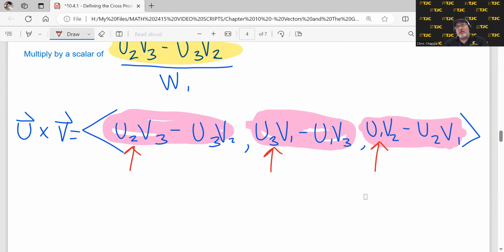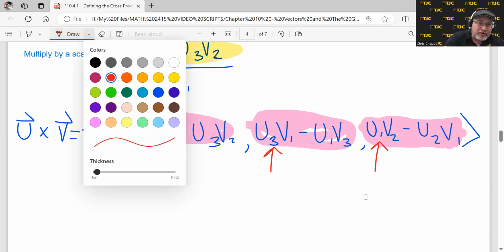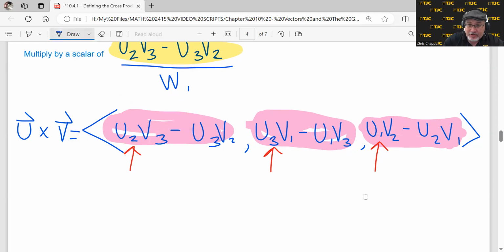So you can think of starting each formula as starting with U subscript the next position, with the convention that if we're in the third spot and we go to the next one, we wrap back around to the first. And you'll notice that within each product, the subscripts just trade places. So it is possible to memorize this formula using the following gimmick.